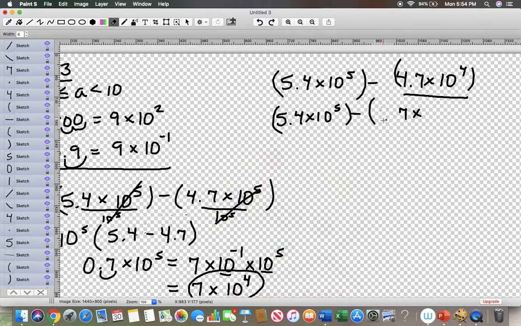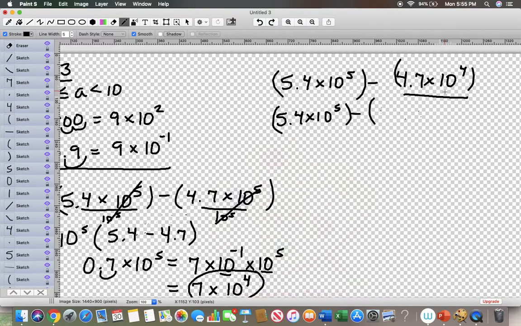one decimal place, but is it going to move to 0.47 times 10 to the 5th? Or is it going to be 47 times 10 to the 5th? Remember, we're not changing this answer. We're not changing the number right here.